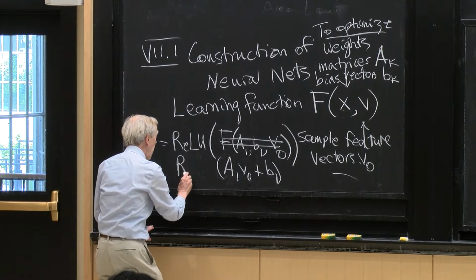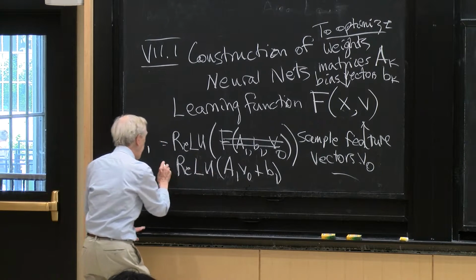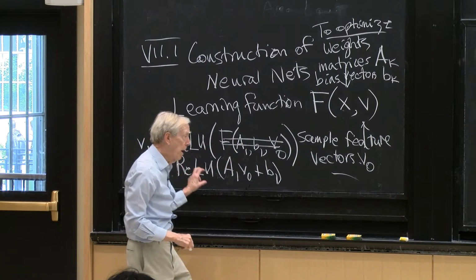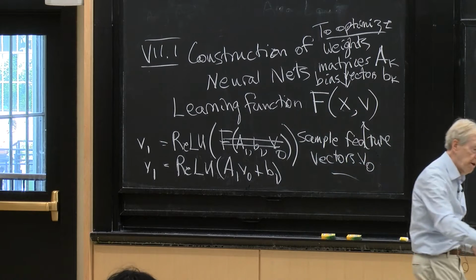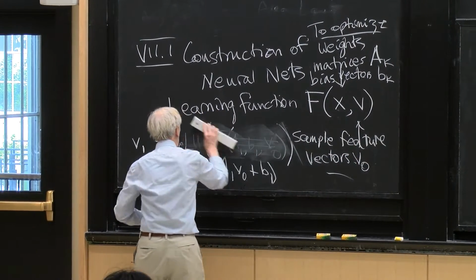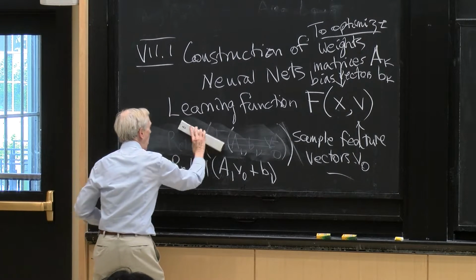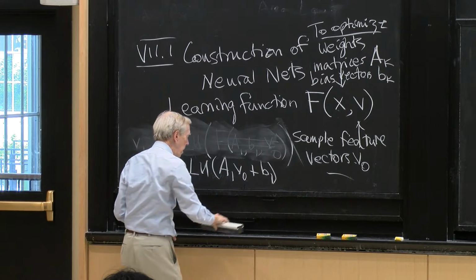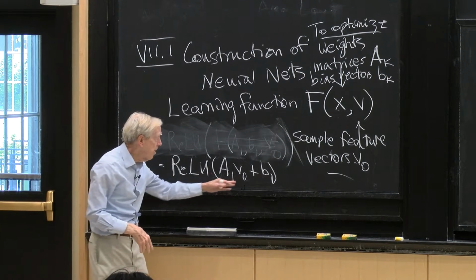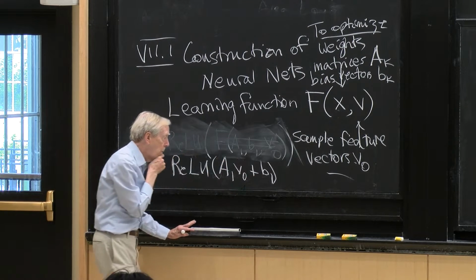Then you take the nonlinear step, and that gives you V1. So that's really better than my line above. So I'll erase that line above. So that produces V1 from V0 and the first weights.